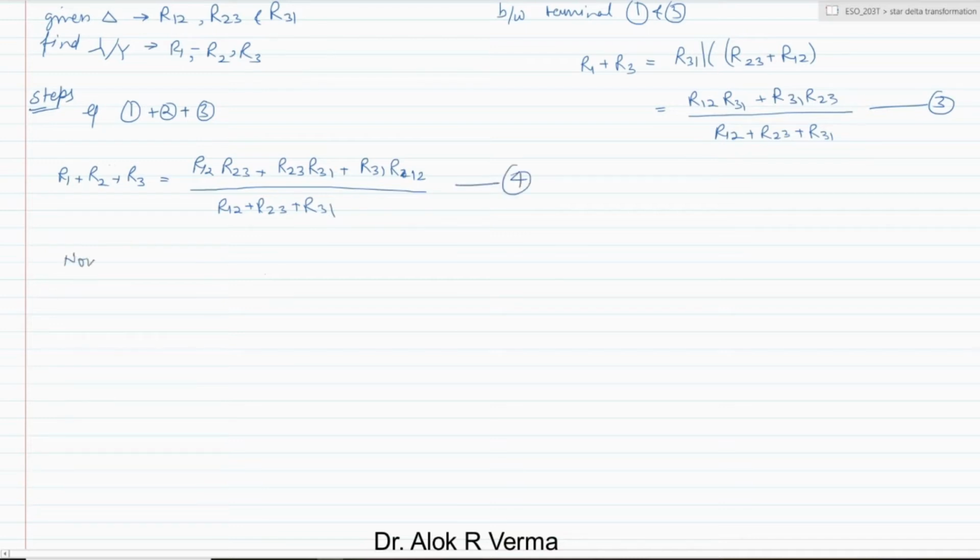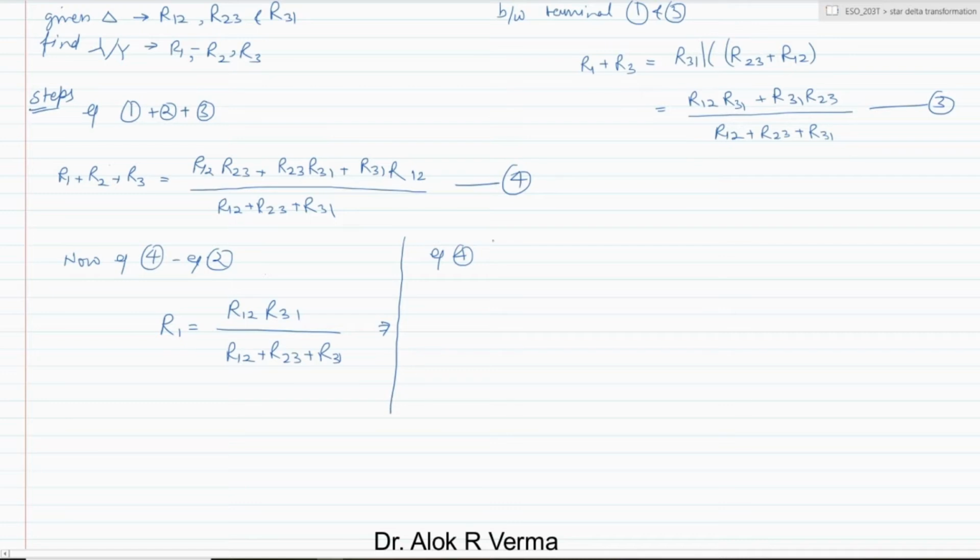Now equation 4 minus equation 2, we get R1 here. The R2 plus R3 term will get subtracted, so R1 will be R12 R31 divided by R12 plus R23 plus R31.